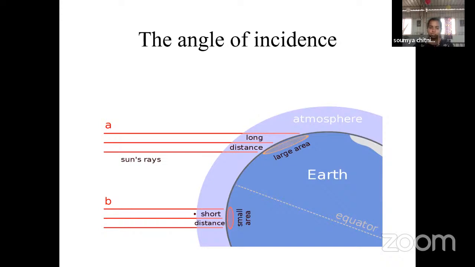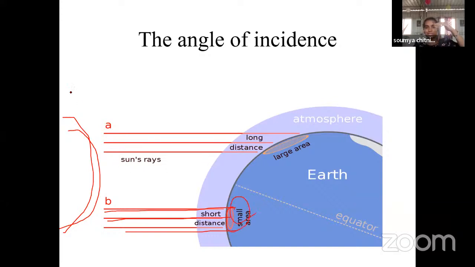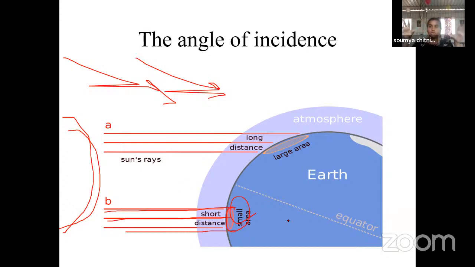Take the angle of incidence. If the sun is somewhere here, the part of the earth which is near to the sun has a short distance for the radiation, so more solar radiation reaches a smaller area. But when sun rays fall in a slanting position, they have to travel a longer way, and the radiation is diffused over a larger area.